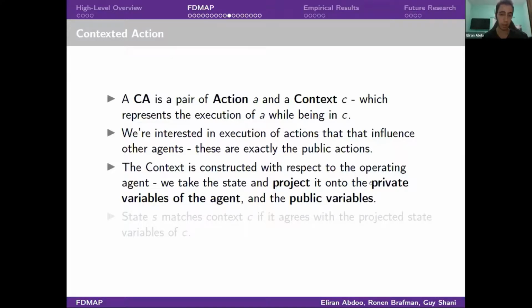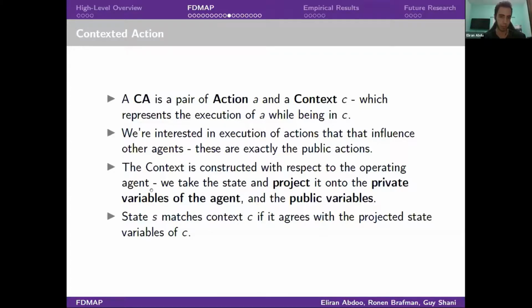So we have the private variables of the agent that operates the action, and the public variables, which are general to the problem. So this is the part that takes into effect the idea that we need the agent to understand how to project its state. And this is what is relevant to the whole problem, the public variable.